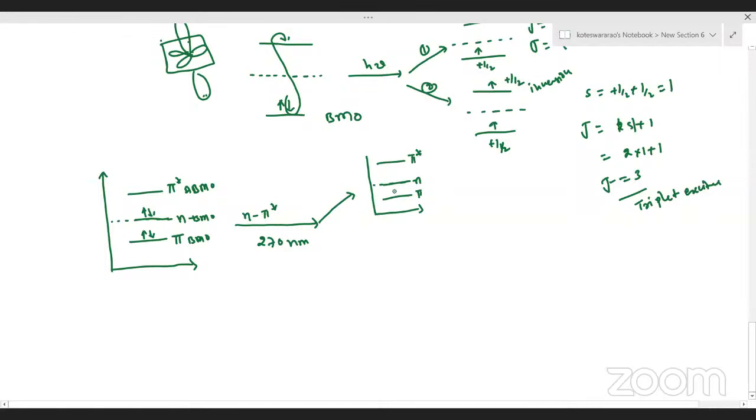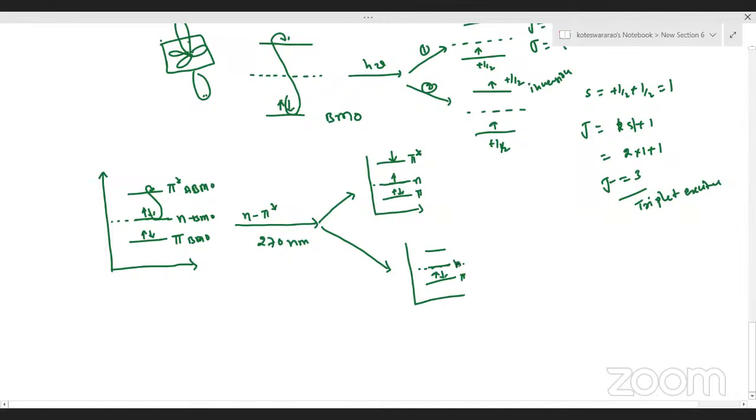Now, at that lower energy state, the electron is excited from this n non-bonded level to this pi star energy level. Therefore, during the excitation, it either retains the spin, or it may undergo inversion of spin.